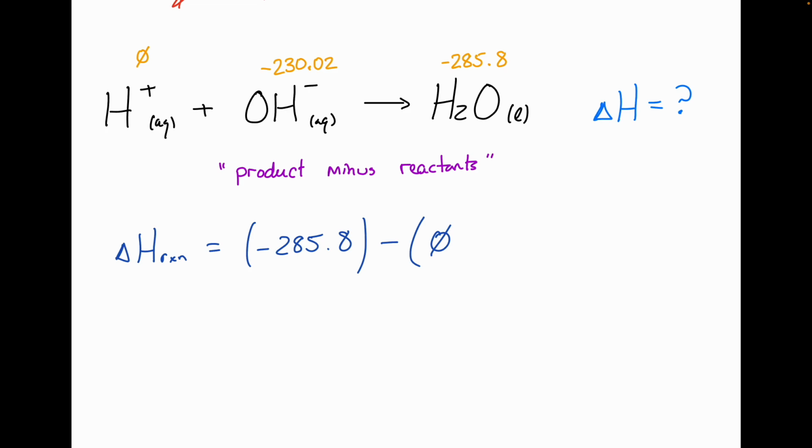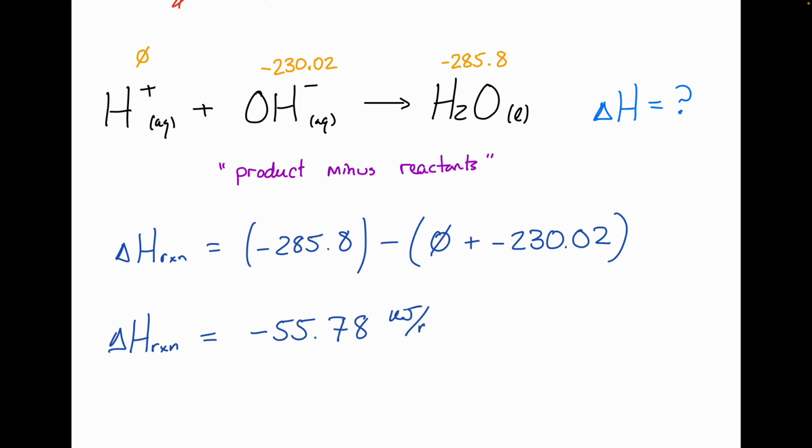Hydrogen is just 0. And my hydroxide's negative 230.02. So our delta H of this reaction is negative 55.78 kilojoules per mole.